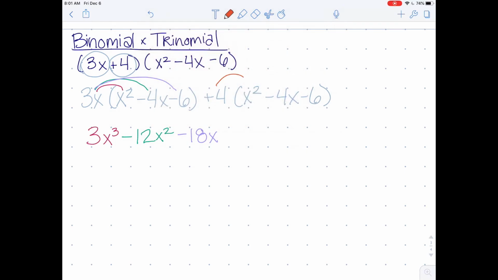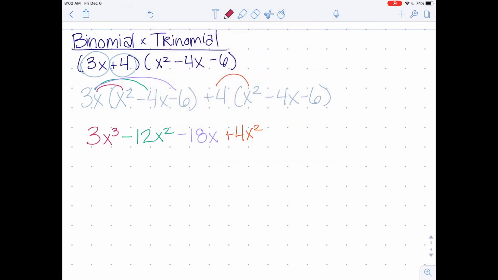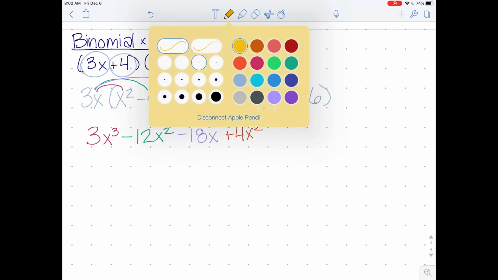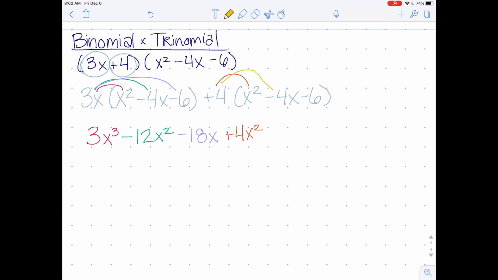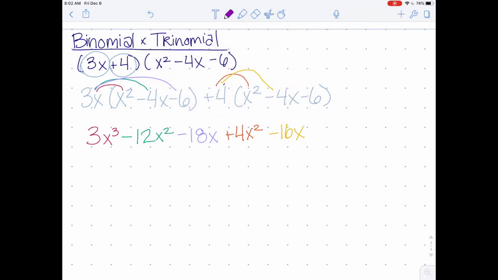Then we've got 4 times x squared is 4x squared. Four times negative 4x is negative 16x. And 4 times negative 6 is negative 24.